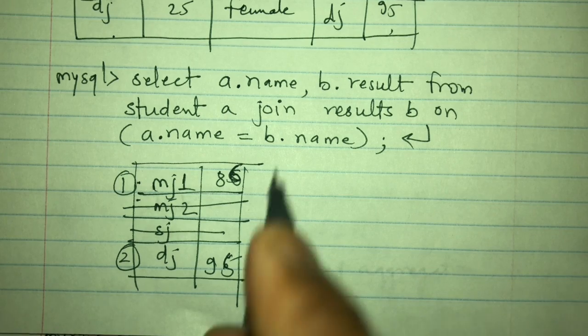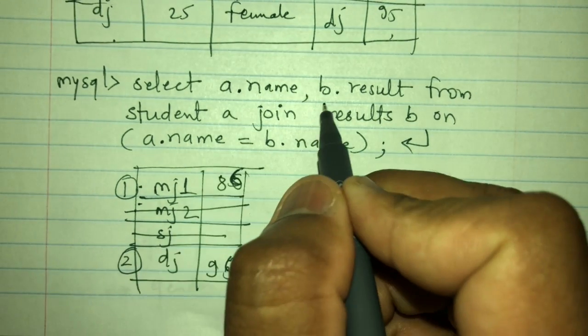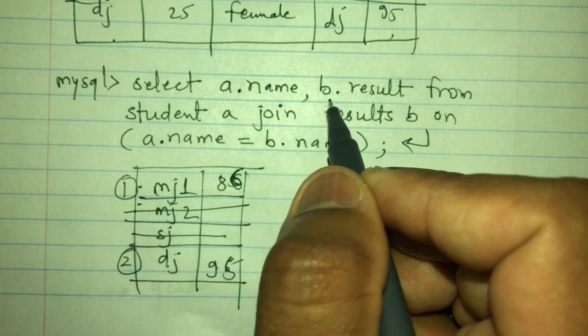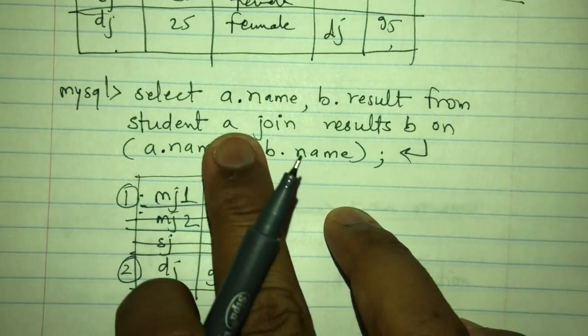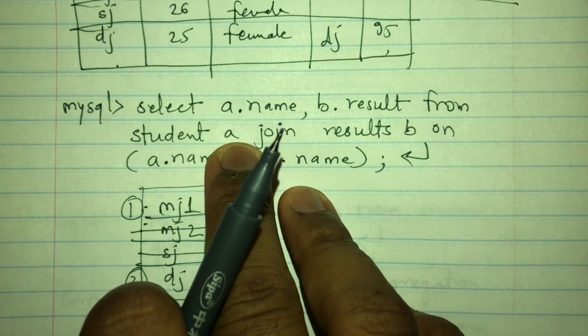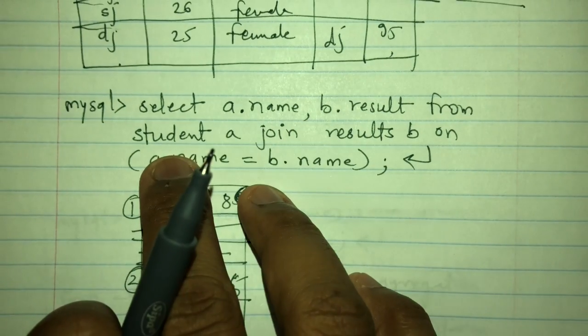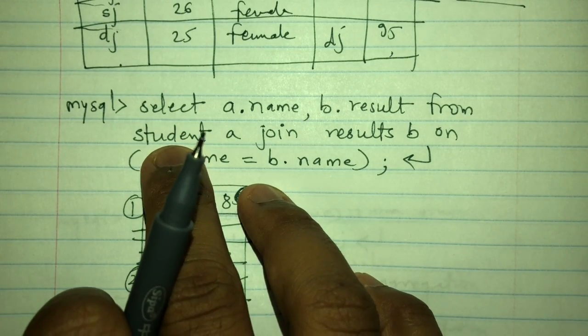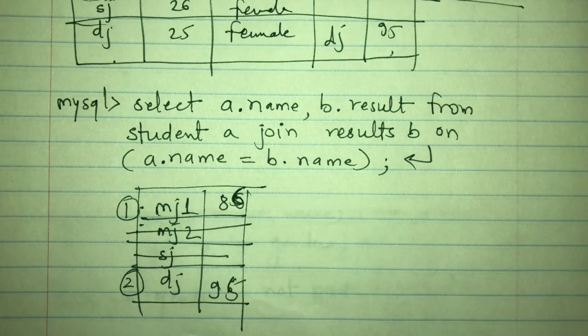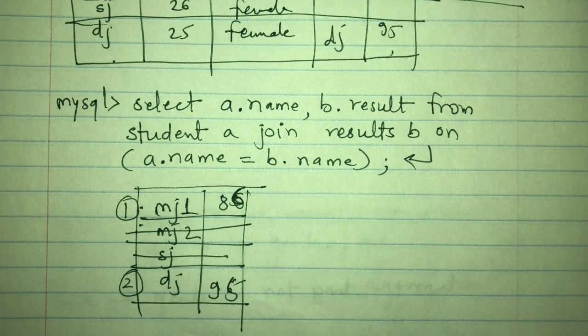So now the a and b that you are seeing here, this is what I am more interested in. Here you see after student I have given one space and then written a. That means the table student can also be referred to as a, which acts as an alias to the table student.